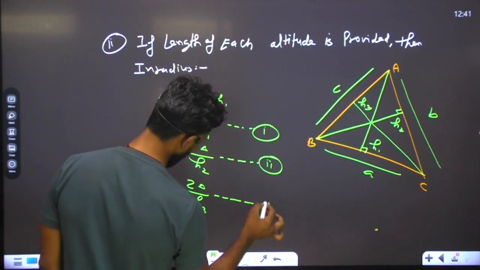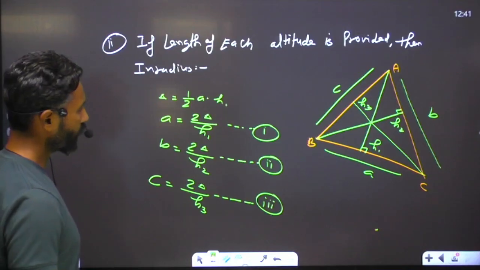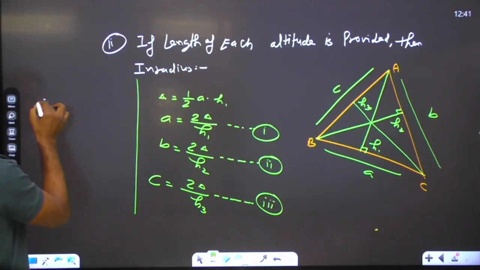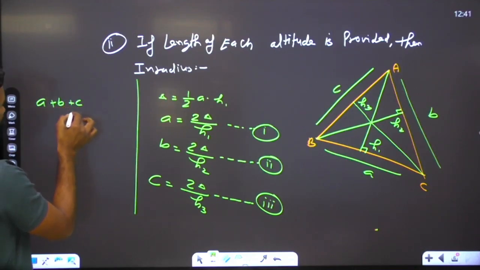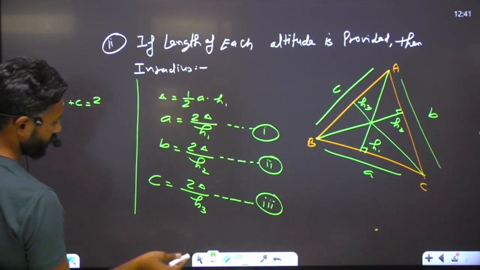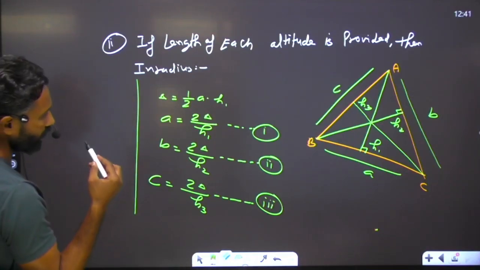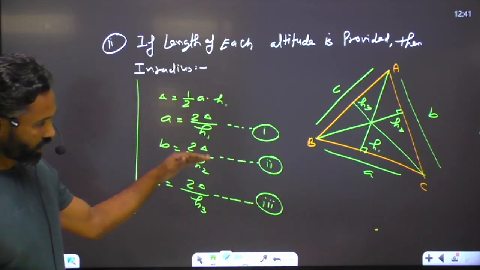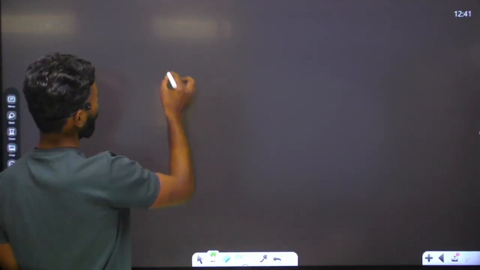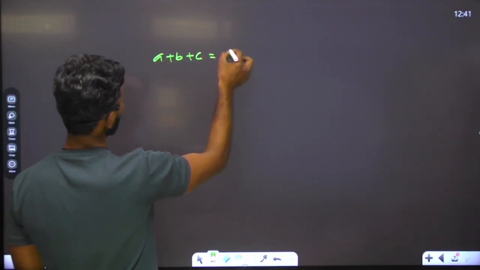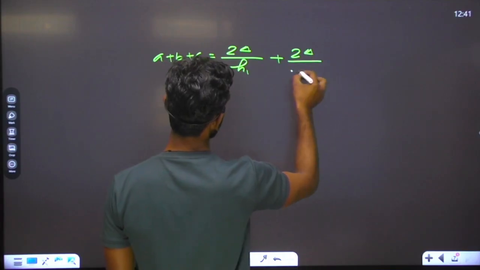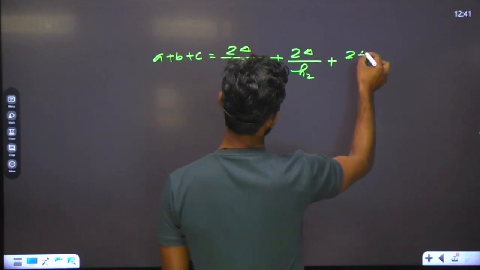If I add all these three equations, what am I going to get? a plus b plus c will be equal to 2 del upon h1 plus 2 del upon h2 plus 2 del upon h3.